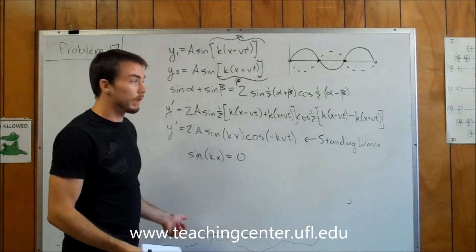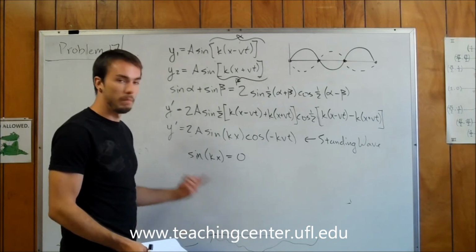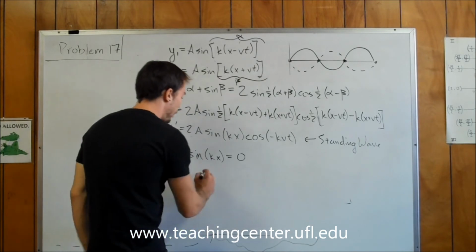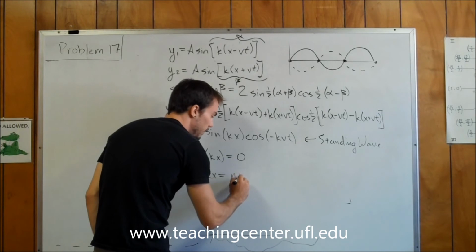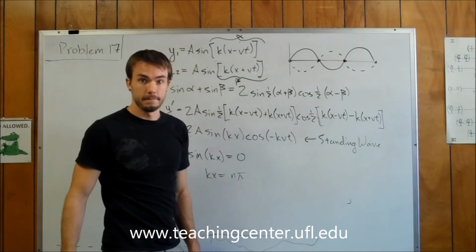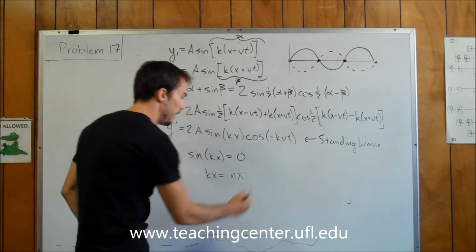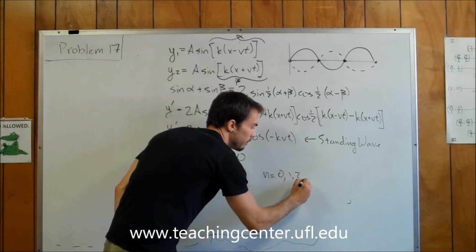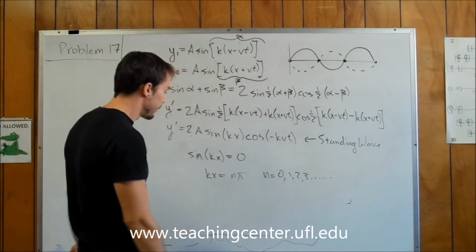We know sine is equal to 0 at 0, pi, 2 pi, 3 pi, 4 pi. So kx needs to be equal to some multiple of pi, n pi, where n is equal to 0, 1, 2, 3, etc., depending on how long the wave actually is.